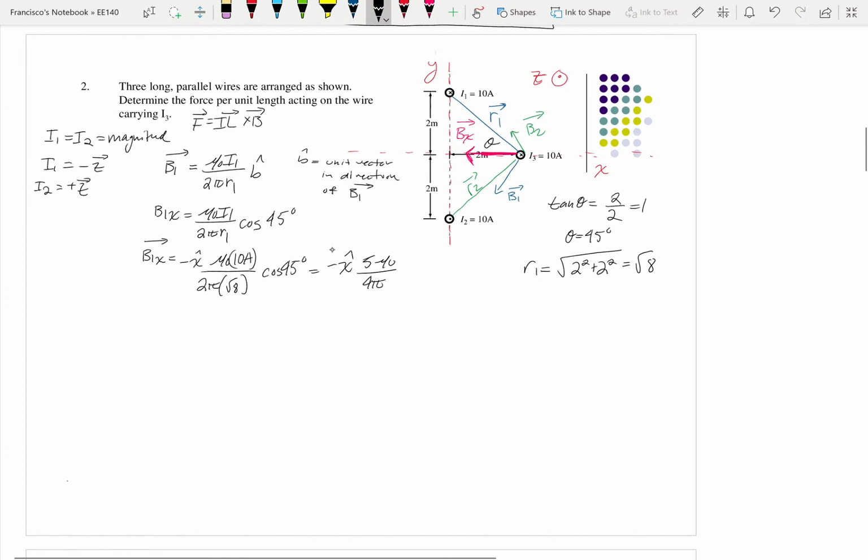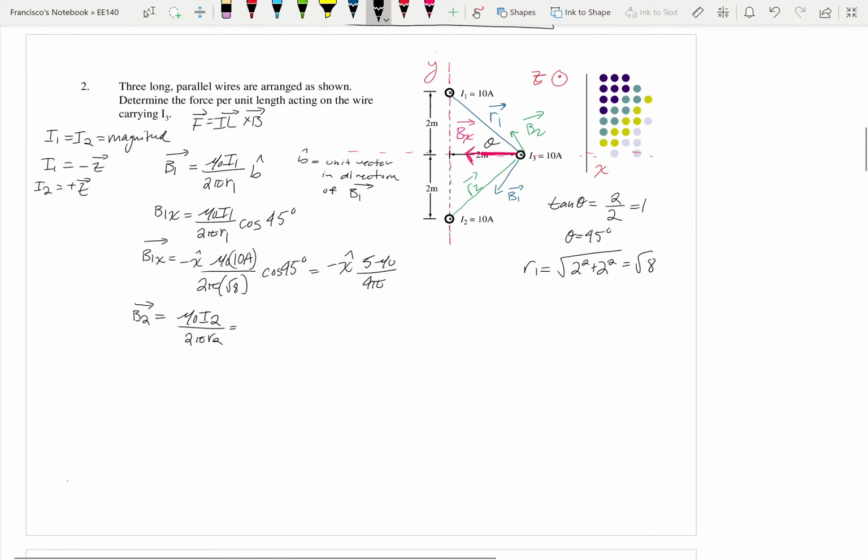Okay, and the magnetic field at B2, since it's the same distance and the same magnitude as the magnetic field due to I1, we can say that, remember, I'm not putting an x there, so it's going to be B2 equals mu naught I2 over 2 pi R2.